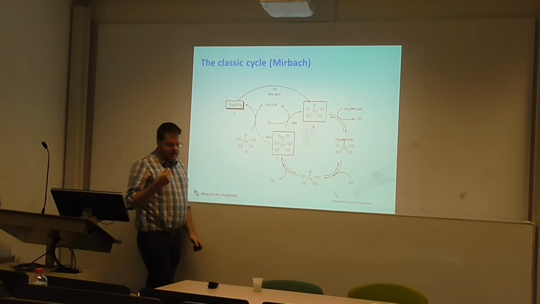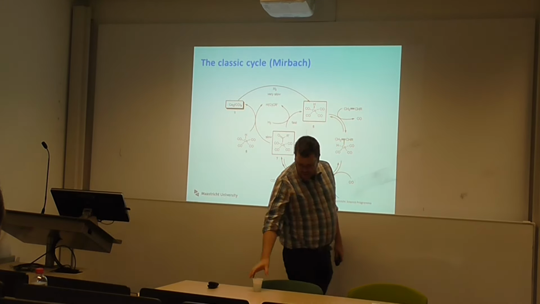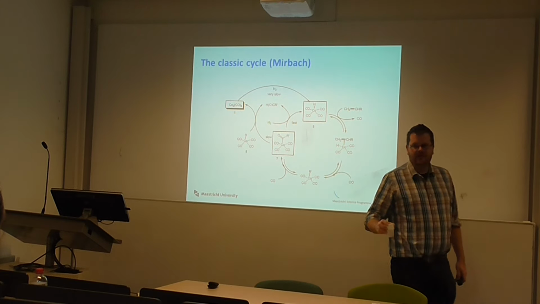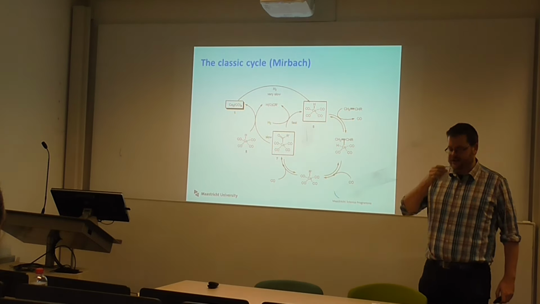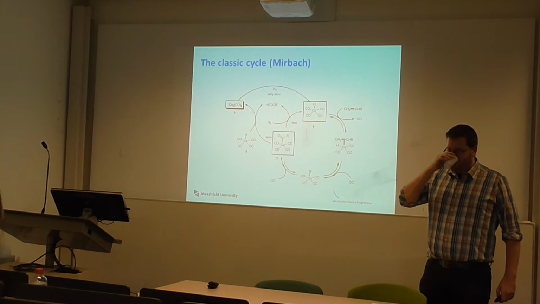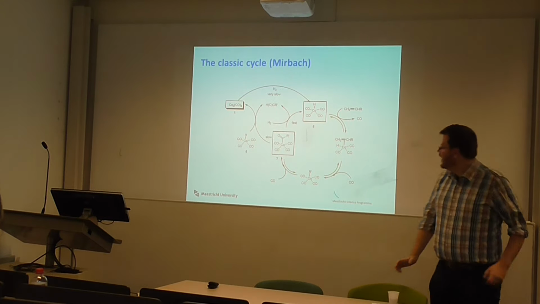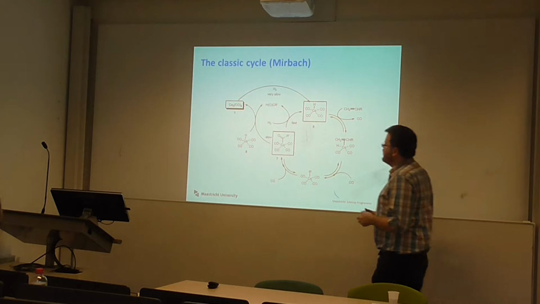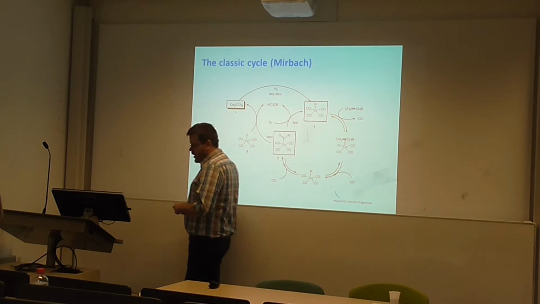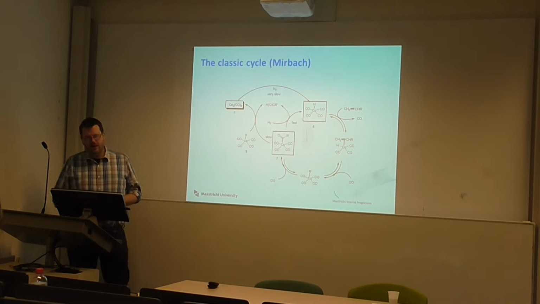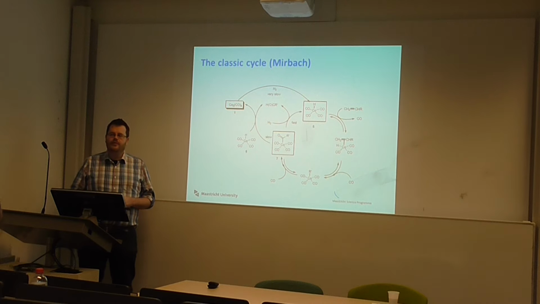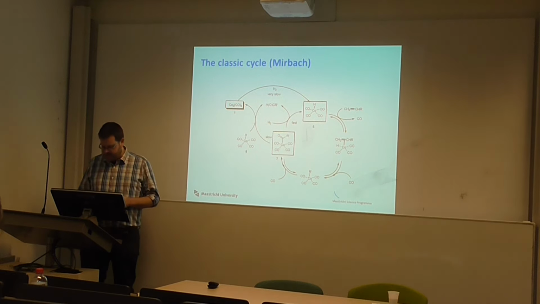Now that's the basic original work done in the late 30s with cobalt carbonyl hydroformylation. And of course, it's a very robust system, and it's very good at converting alkenes to aldehydes.